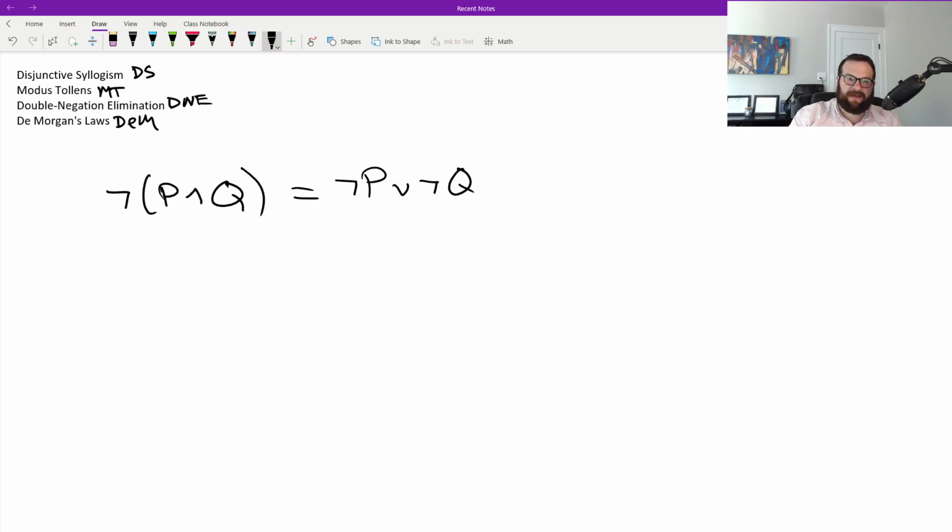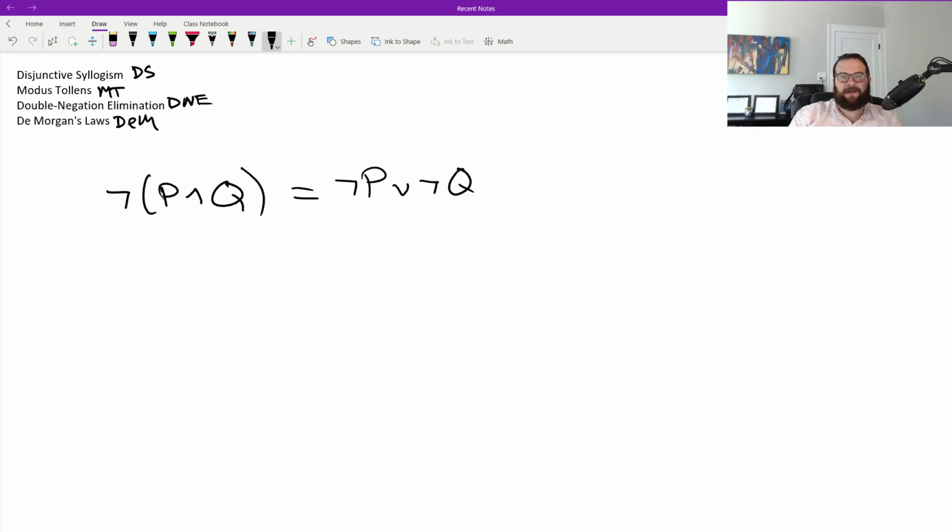So if I'm telling you that's false, it's not the case that P and Q, I'm telling you that, well, one of P or Q is false, or maybe even both of them are false, right? One is false or both. And if you look at the expression on the right, it's not the case that P or it's not the case that Q. That's exactly what that says.